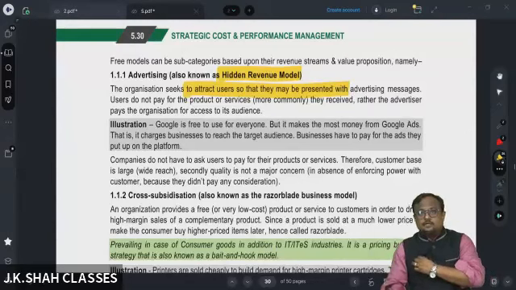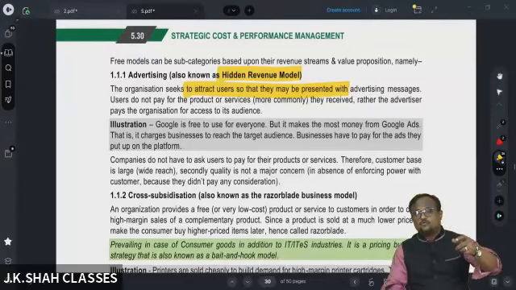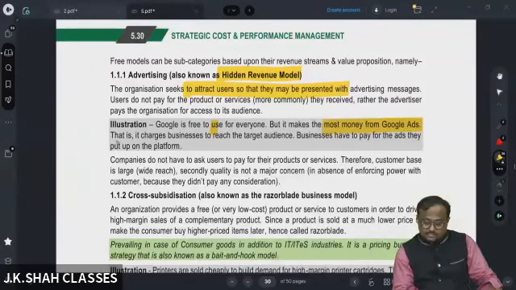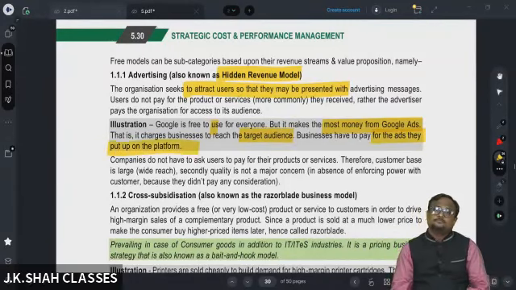Like YouTube में भी monetization start करने के लिए there is a restriction on number of views on your channel. There is a condition of number of followers on the channel. So Google is free, but it makes most money through Google ads. That is, see, it charges businesses to reach the target audience. Businesses have to pay for these ads they put up on the platform.